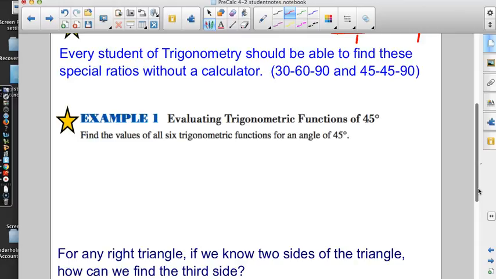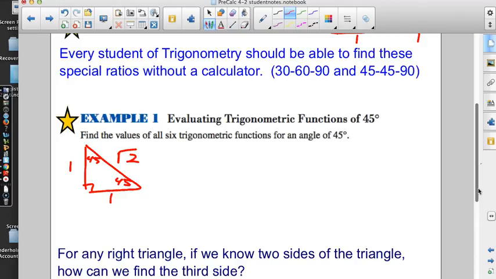So this says we're going to find the values of all 6 trig functions for an angle of 45 degrees. And you can either sing the song or you can remember the 1, 1, square root of 2 relationship. Now that doesn't mean every 45, 45, 90 triangle has sides of length 1, 1, and square root of 2. What it means is they're proportional to all of the triangles that would.